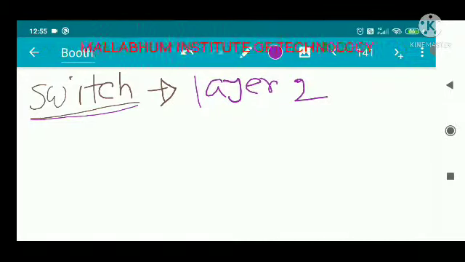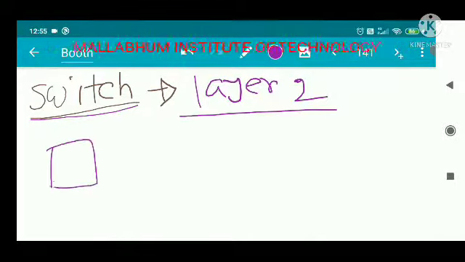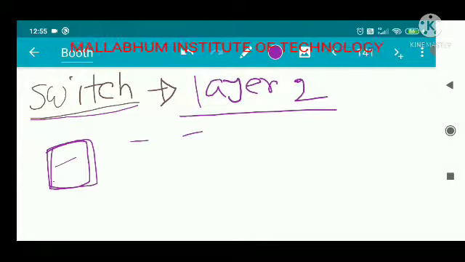It is also a networking device, and it is also a local area networking device. It connects the devices in the same local area network, with the same protocol. Suppose a LAN is connected; within the single LAN there are different devices, so the switch can connect these.